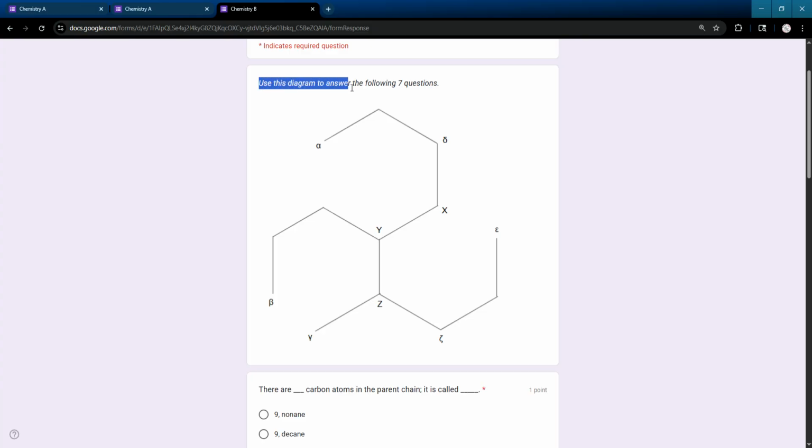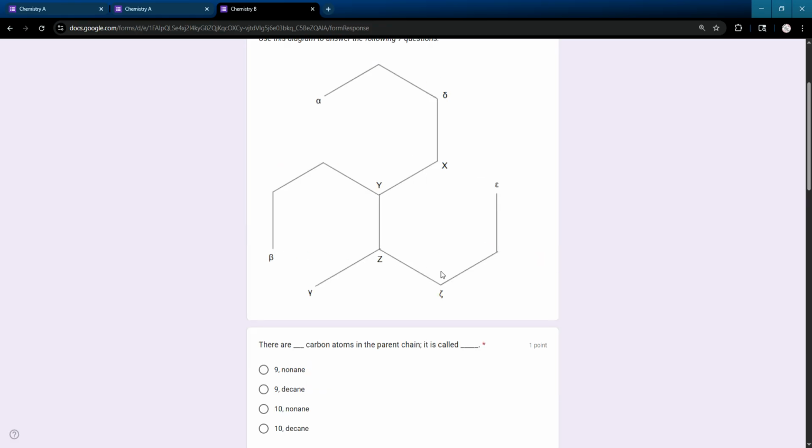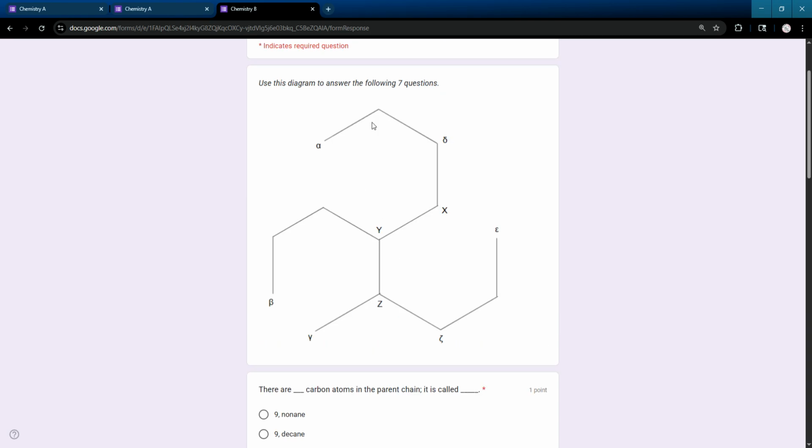Use this diagram to answer the following 7 questions. Wow, this one is a lot more complicated than the first one. How many carbon atoms are in the parent chain? What is it called? So, if I remember the counting from Google study correctly, that's 1. Every edge is like a point.